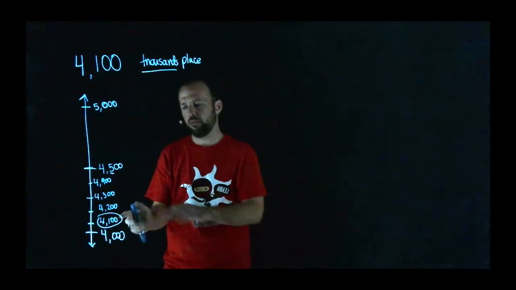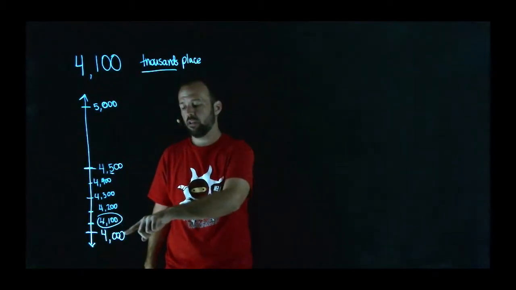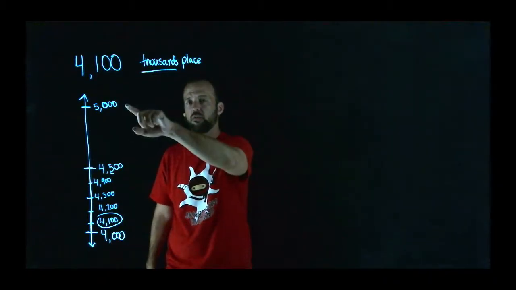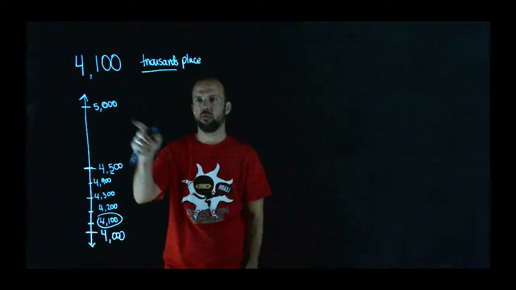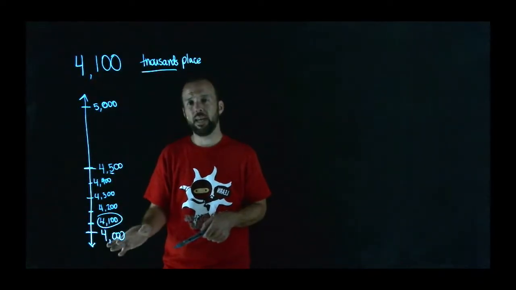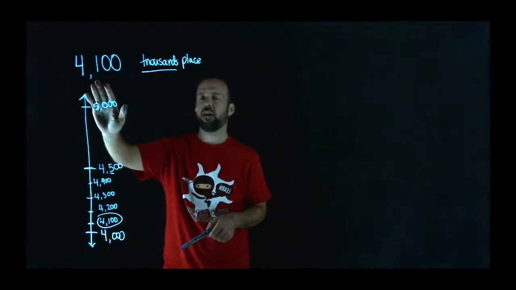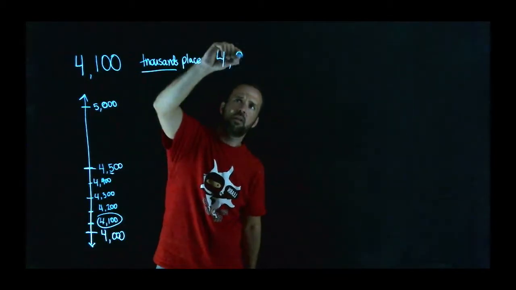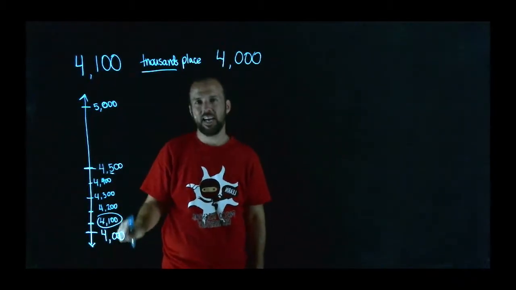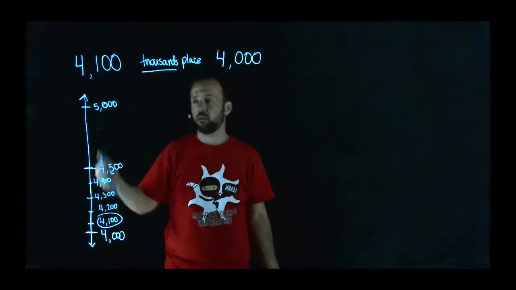So knowing this now, visually seeing this on our number line, is 4,100 closer to 4,000 or closer to 5,000? Just visually looking at that, is it closer to 4,000 or 5,000? You're right, it's way closer to the 4,000, right? So if we were going to round 4,100 to the thousands place, we would round it to 4,000 because that's what it's closest to. And we were able to visually represent that on our vertical number line.